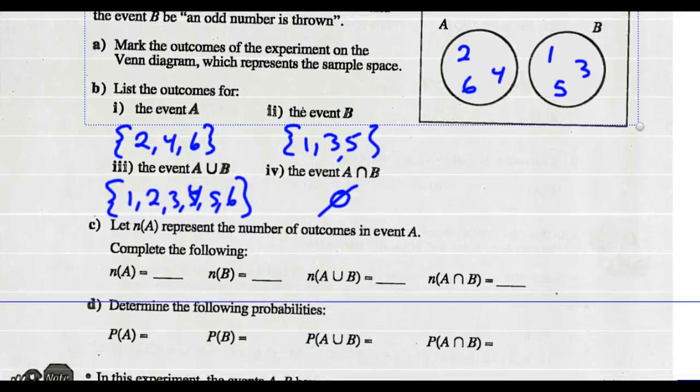Let n(A) represent the number of outcomes in event A, just like we had in set theory. So the number of elements in set A, there are 3 even numbers. Number of elements in set B, there are 3 odd numbers. Number of elements in A or B, well, there are 6 numbers on the die. Number of elements in A and B, there are no elements that are even and odd.